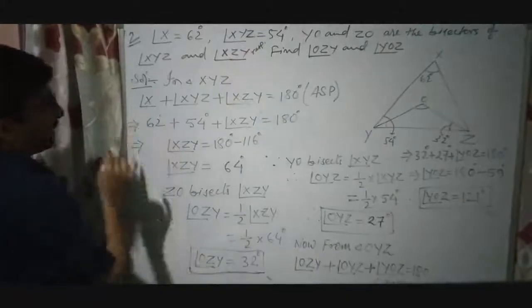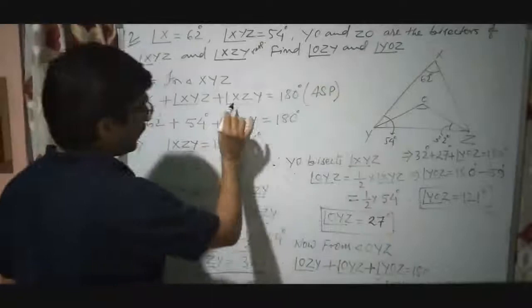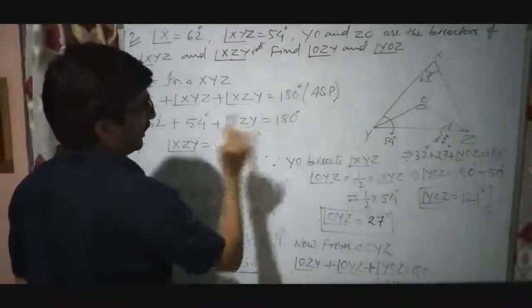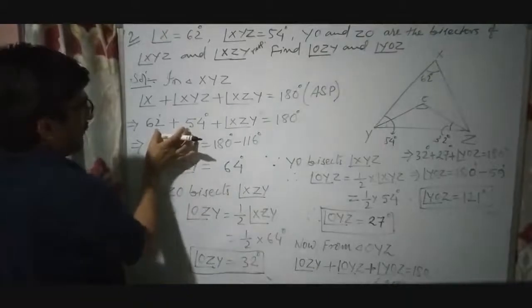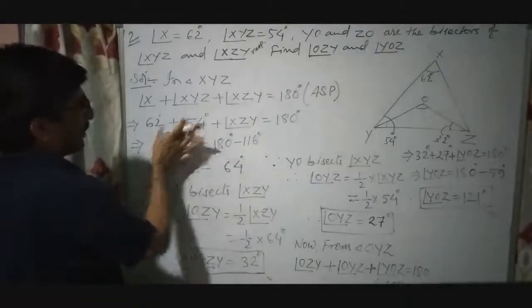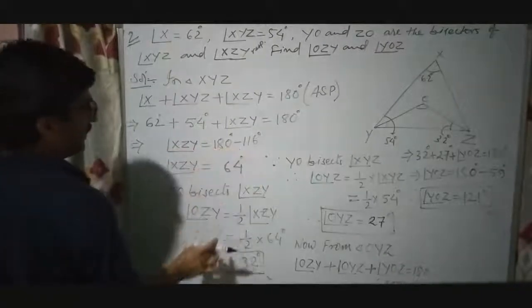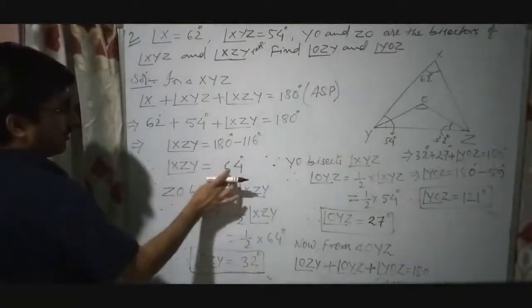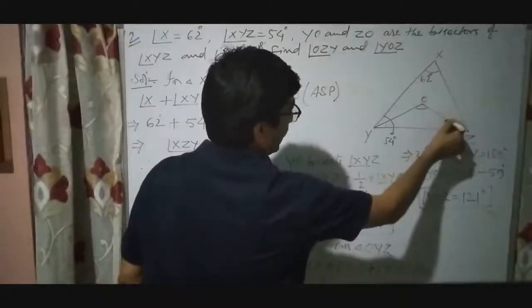This X is 62 degrees and XYZ is 54 degrees, given, and XZY. The sum of these two is 116, so 116 goes to that side. That's why XZY equals 180 minus 116, that means XZY equals 64. XZY is this whole angle.